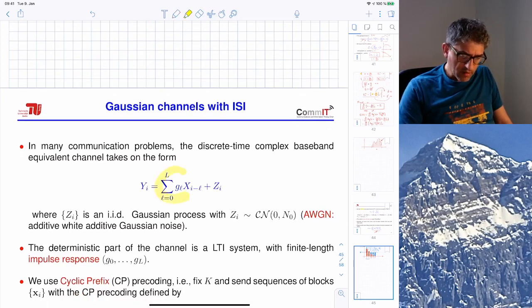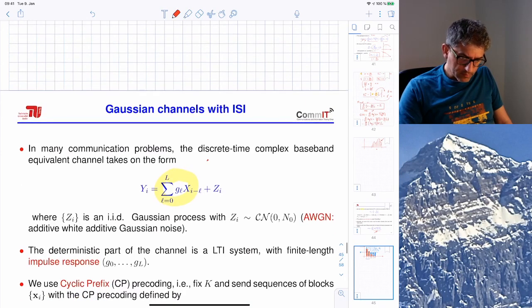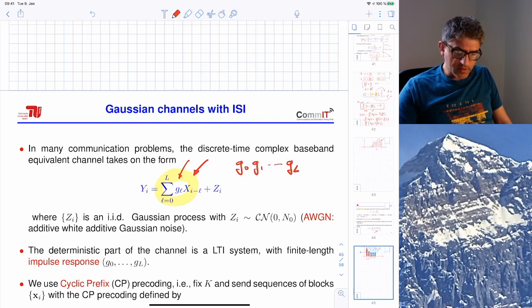There is a convolution of the input x with the impulse response g, so we have an impulse response g0, g1 until gL. You recognize this is the discrete time convolution of the input with the impulse response.